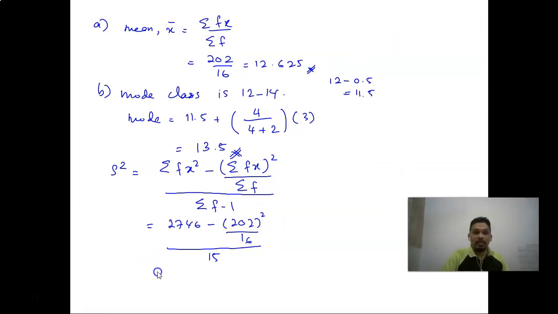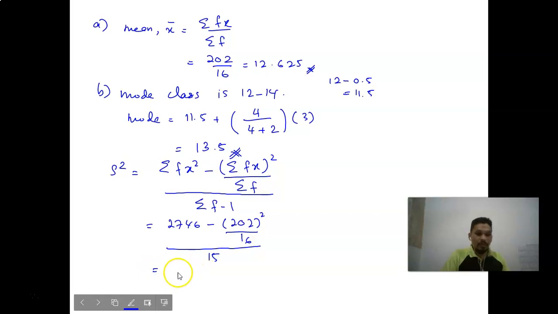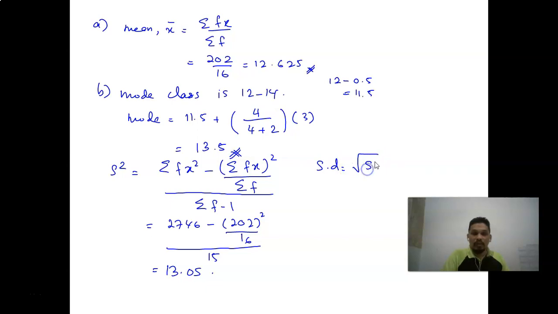Now this gives you 13.05. So the standard deviation s equal to the square root of the variance, which is the square root of 13.05, equal to 3.612.